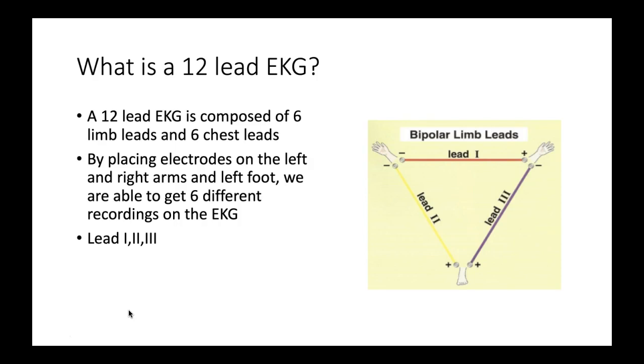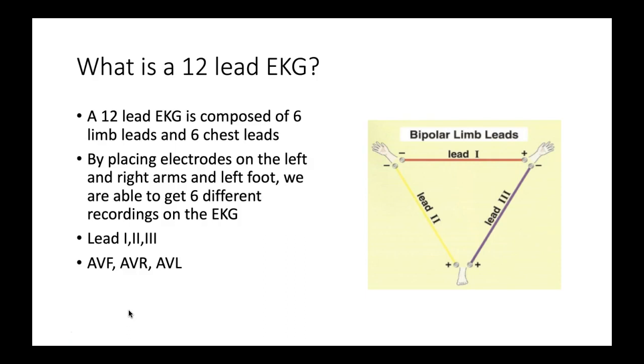So that camera is looking up from the bottom to the top of the heart. Just like lead 3, you're looking up. And lead 1, you see the camera would be on the left hand looking across to the right. So the positive electrode is where your camera is sitting and it's looking towards the negative electrode. So this is lead 1 and lead 2 and lead 3.